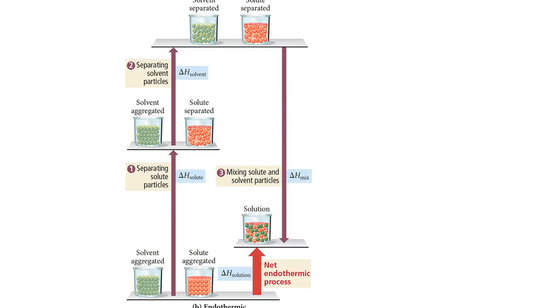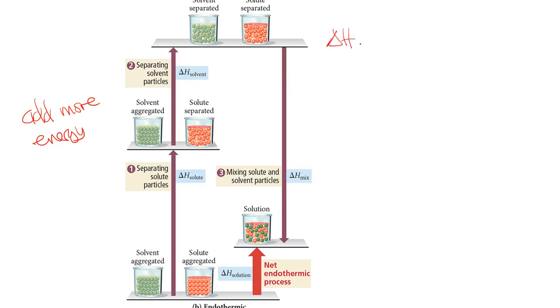But there is another process where you actually add more energy into the system than the energy you lose. So in this case, you add more energy. That is, the enthalpy of solute plus the enthalpy of solvent is greater than the enthalpy of mixing.